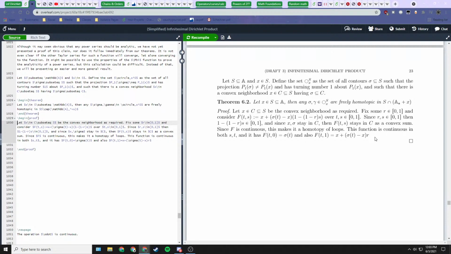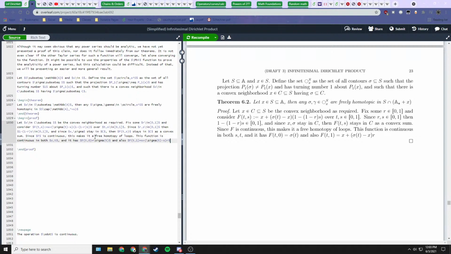F is continuous, which makes it a free homotopy of loops. This function is continuous in both s and t, and it has f(t, 0) equals sigma of t and f(t, 1) equals x plus (sigma of t minus x) times r.